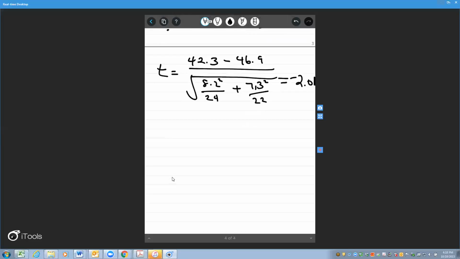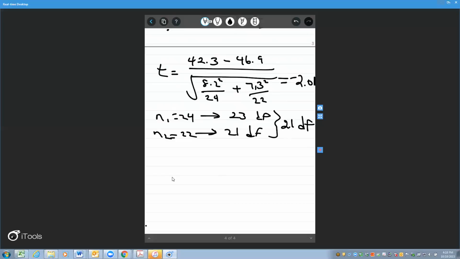Let's see, how many degrees of freedom would we have? N1 was 24, leading to 23 degrees of freedom. N2 was 22, leading to 21 degrees of freedom. We take the smaller of those two, which gives me 21 degrees of freedom. And let's say we were looking at the alpha equals 0.025 level.